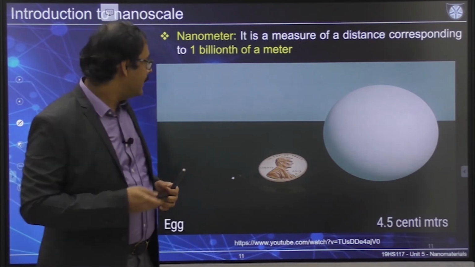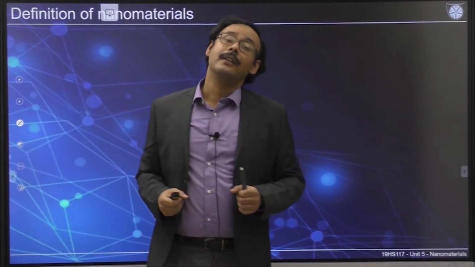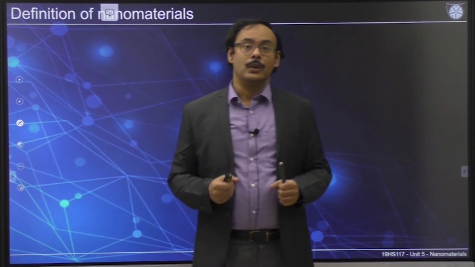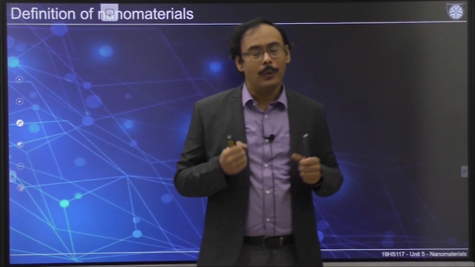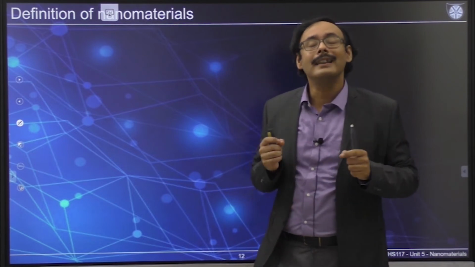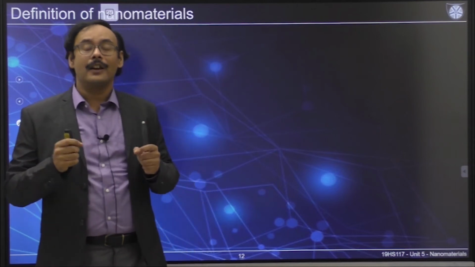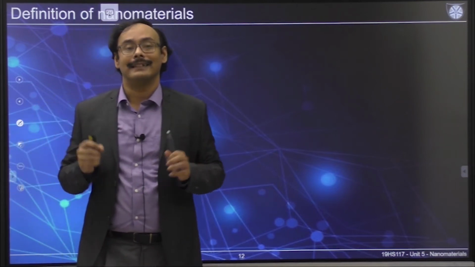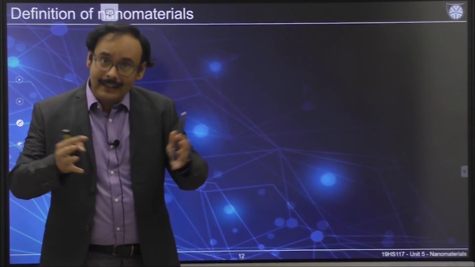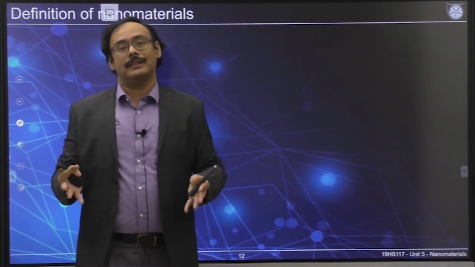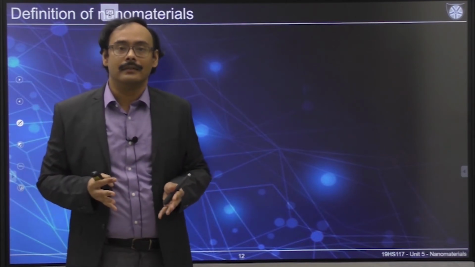Now the next topic that we are going to discuss is the definition of nanomaterial. What is nanomaterial? Till now we haven't defined it. We have only said that a nanoscale is around 10 to the power minus 9 meter, and that there are materials available at the nanoscale. But is it the definition?